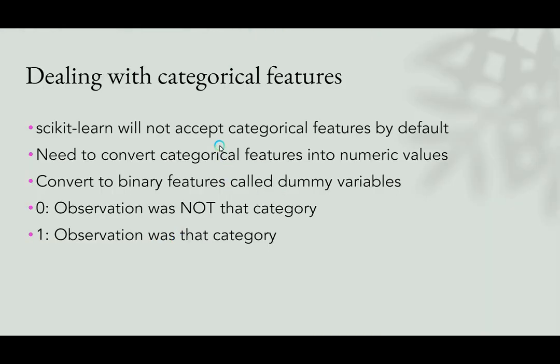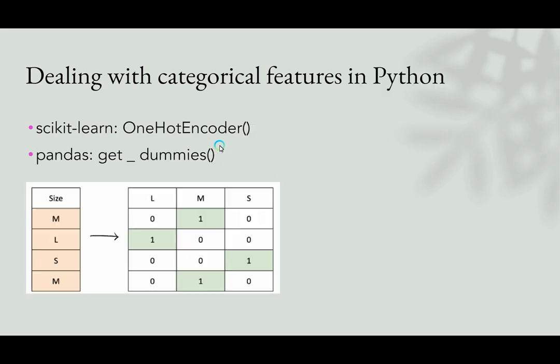When we are dealing with ML data, we have categorical data. For example, if you are dealing with some store sales data, you can have a column called size, and each row has an observation. For example, you can have medium, large, small, medium. So these are four different observations.